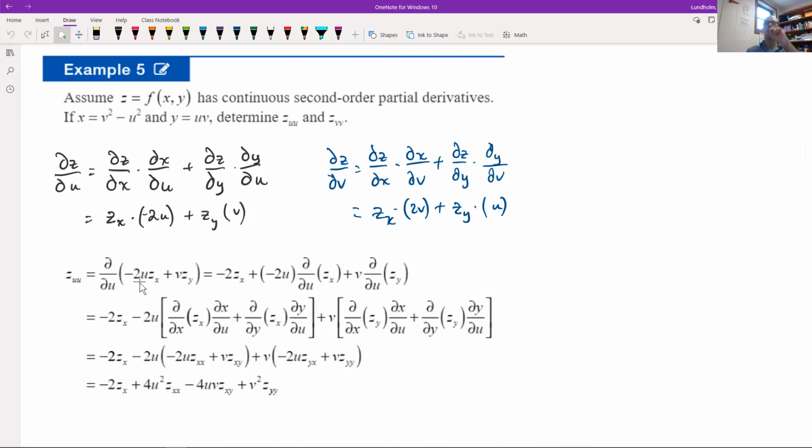Sorry for hesitating there, but we do a product rule because we have a function of u here times another function of u, because we're treating the partial derivative with respect to x as a function of u and v. So these first two parts, this is product rule.